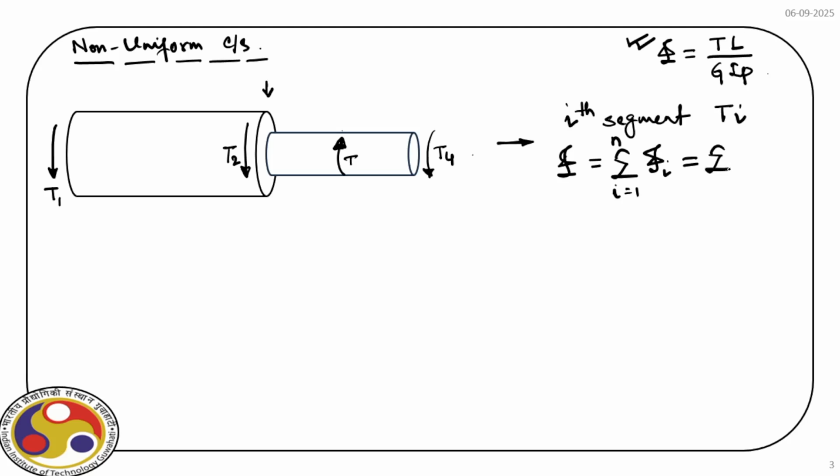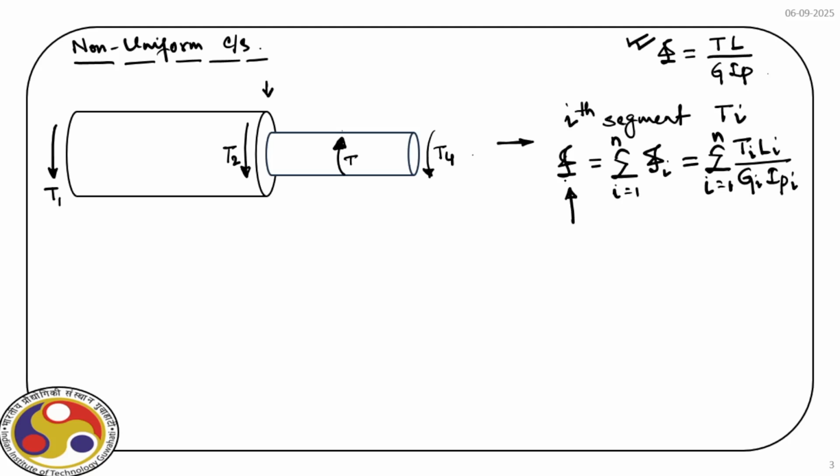So it will be the sum from i equal to 1 to n of Ti Li divided by Gi times Ipi. Actually we can have Gi, a different material in different segments. And that gives us the total amount of rotation we have.